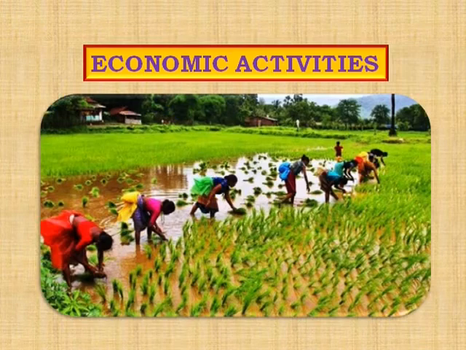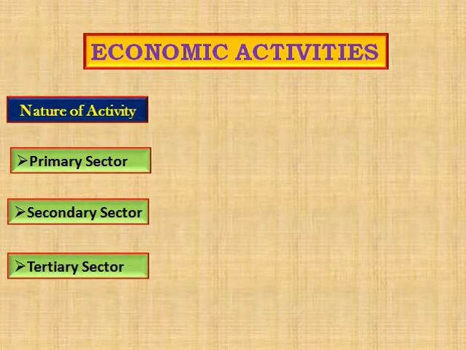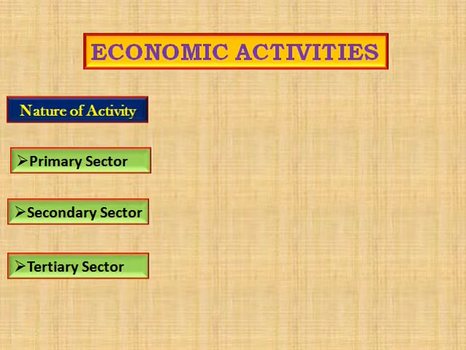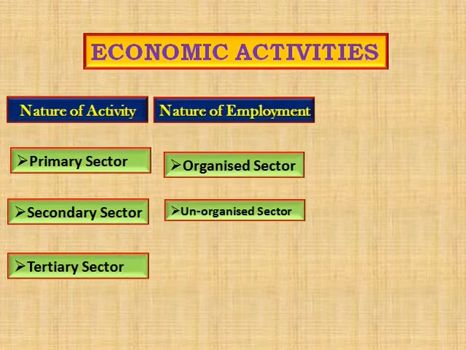We can classify these activities on the basis of nature of activity. On the basis of nature of activity, it can be primary sector, secondary sector, and tertiary sector. Then nature of employment.